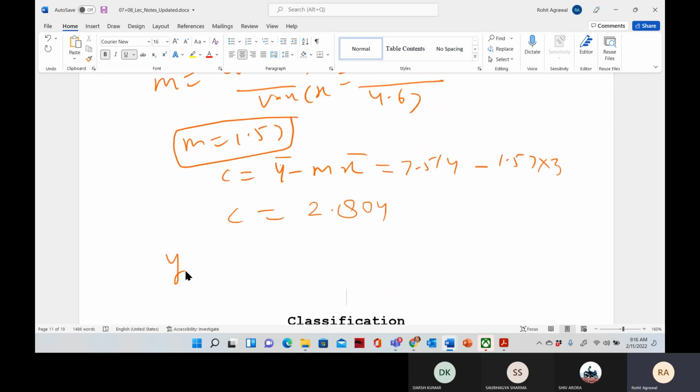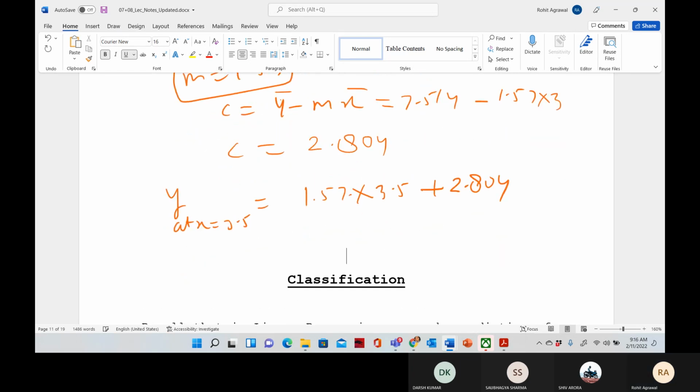y at x equals to 3.5 is equals to mx plus c. x value कितनी है? 3.5 plus c is 2.804. Just calculate this. 1.57 into 3.5 plus 2.804.